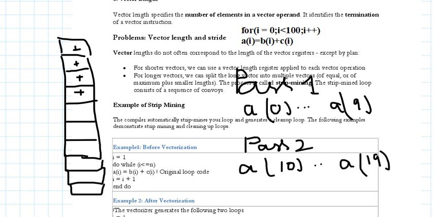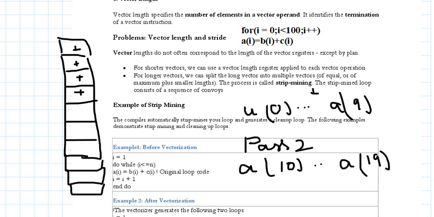But now where is the problem? The problem is that your compiler has to decide this number of passes, how many passes should be there, depending upon the length of your vector registers. So what does it say?